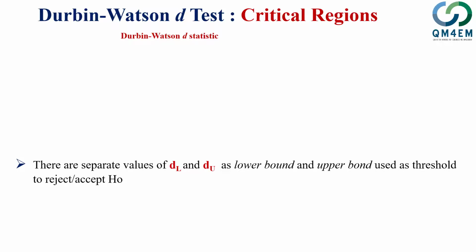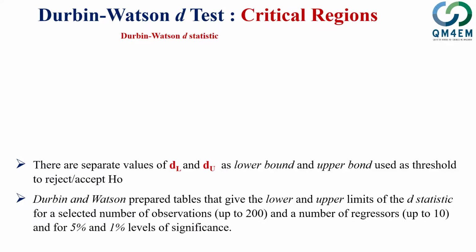There are separate values for the upper and lower bound. These are the thresholds through which we can define the upper and lower bound for the D statistic. Durbin-Watson prepared tables that give the lower and upper limits of the D statistic for a selected number of observations and number of regressors, and for 5% and 1% levels of significance.